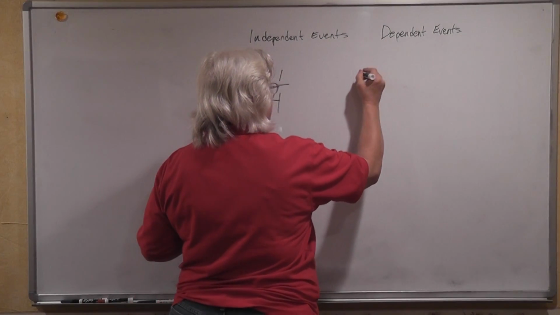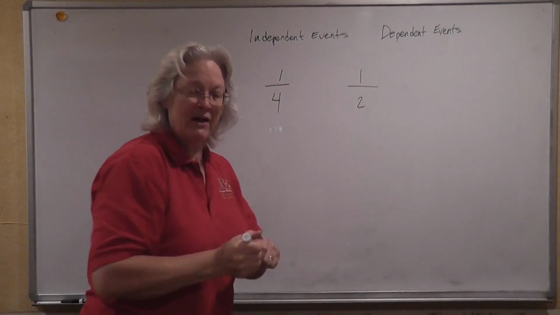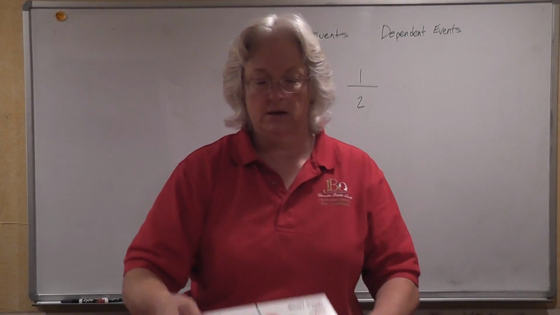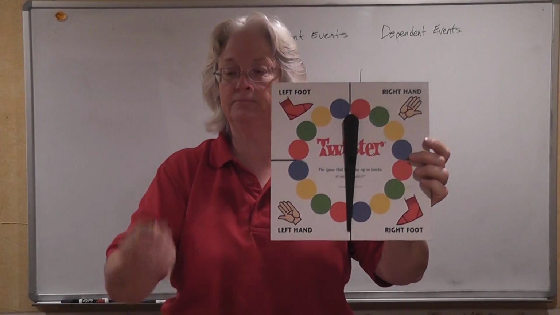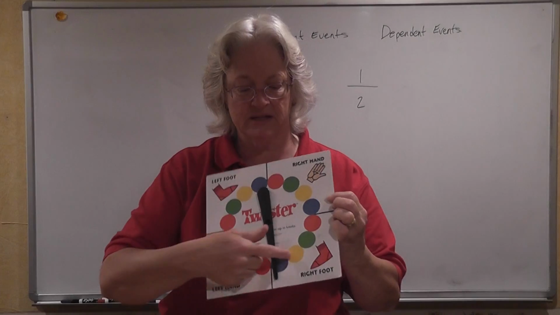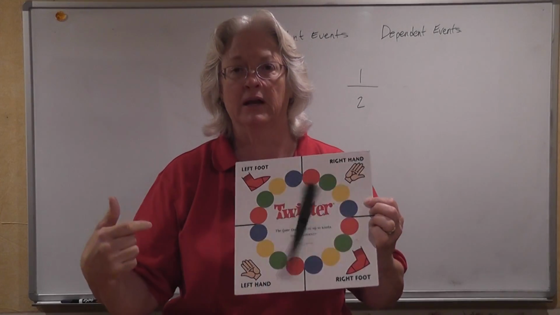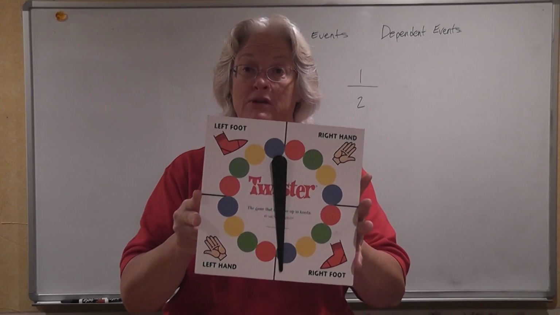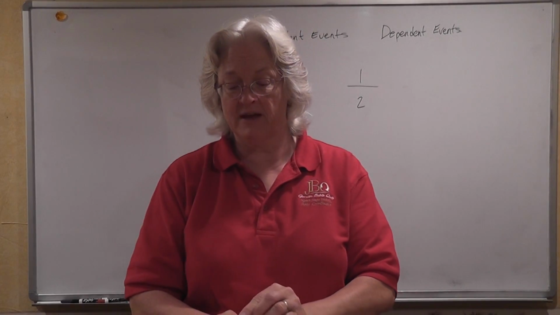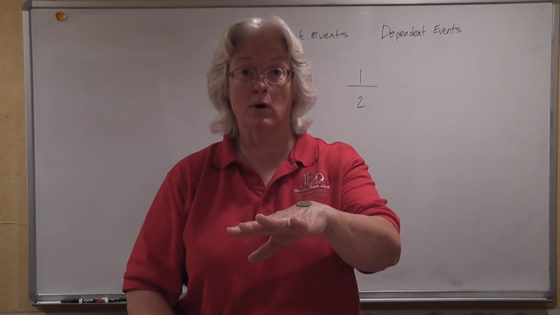Now, let's consider the fact that I have both of these things going on here. I've got my spinner and I've got my coin that I'm flipping. Let's say that I spin this spinner and I keep spinning it and I keep spinning it. Does it matter what result I get on this spinner? Does that have any effect at all as to whether I get heads or tails on this coin?